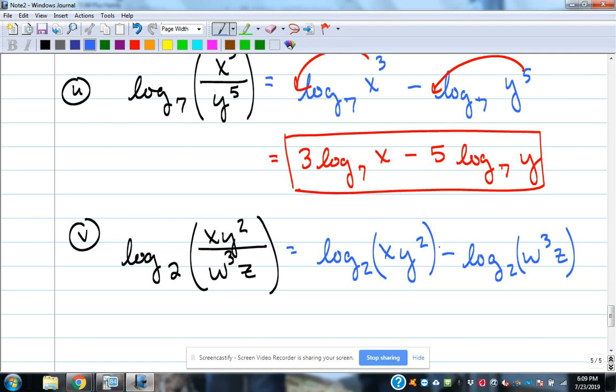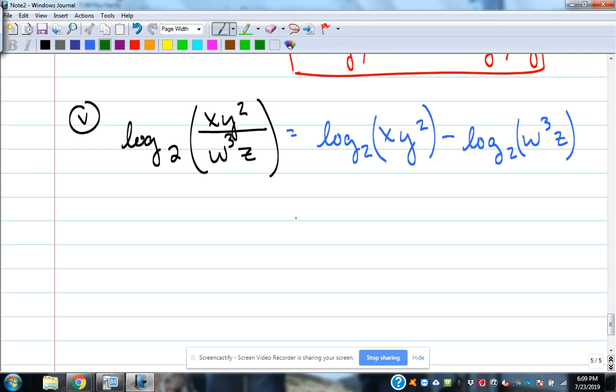And then I look at each of those pieces and say, can I split that apart or in any way move an exponent or anything? So the first piece, what's going on between the x and the y squared, they're multiplying, right? So that's going to become log base 2 of x plus log base 2 of y squared.